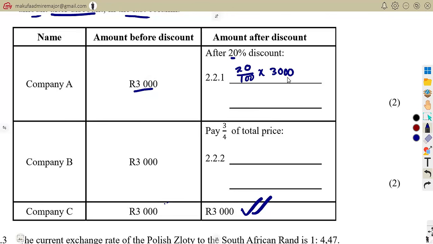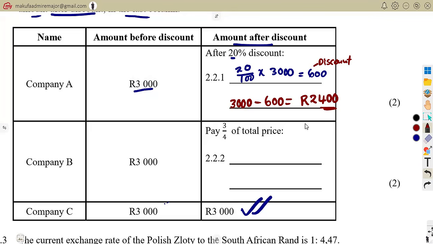So 20% is going to be 600. After discount, we subtract: 3,000 minus the 600 discount. This person is going to pay 2,400 rand in total.